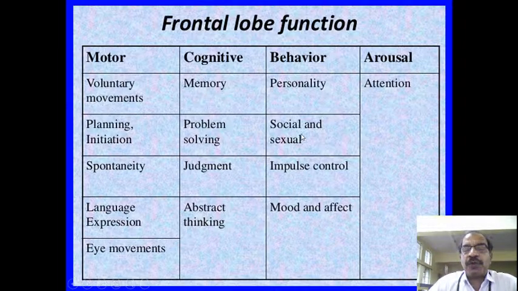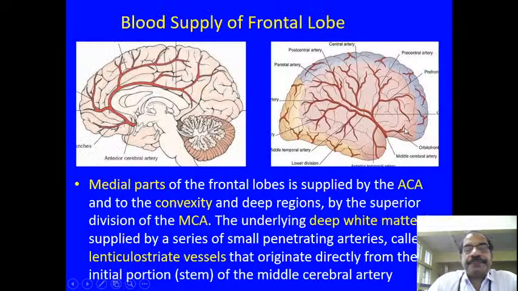If there is anything wrong in the frontal lobe, the social interactions may be abnormal. And how to respond to the surroundings, how to control your reaction or response, again is dependent upon the frontal lobe. And also attention to the surroundings is to a great extent dependent upon the frontal lobe. So they are the different types of functions served by the frontal lobe.